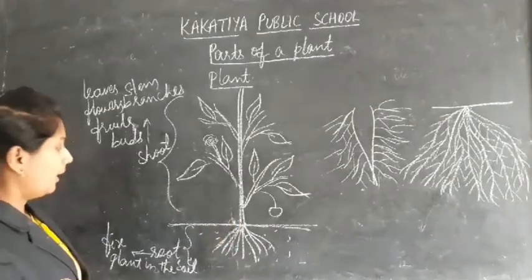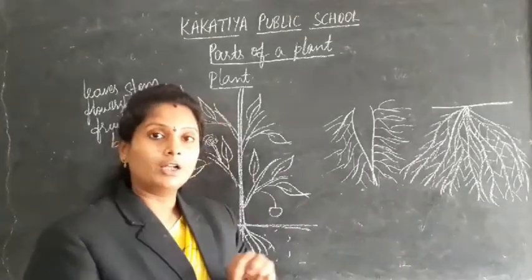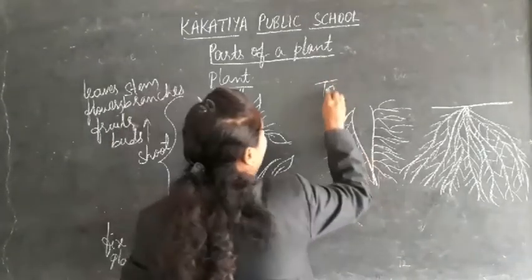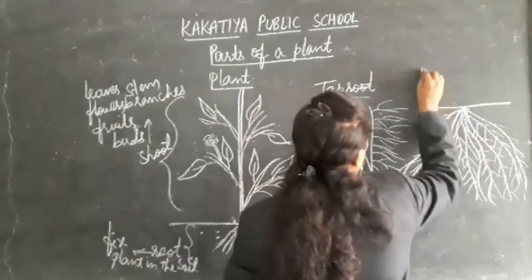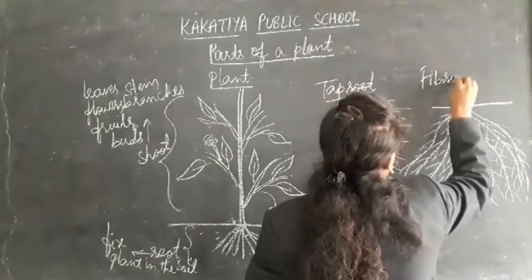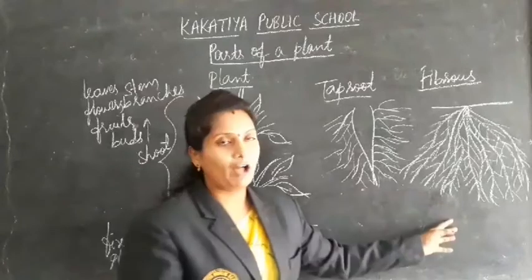Okay. So coming to the types of roots, how many types do we have? You know very well, two types of roots: the tap root and the fibrous root.